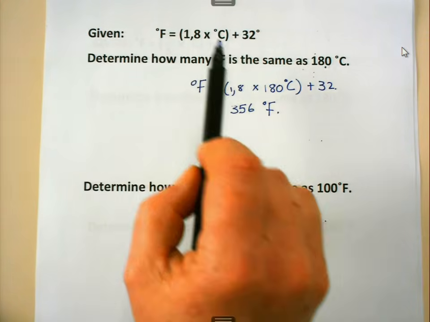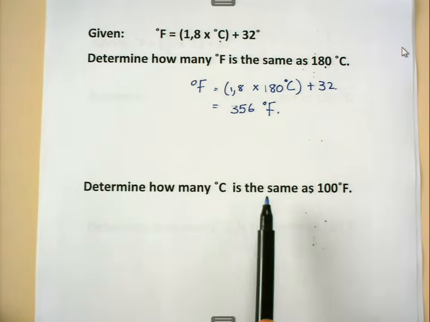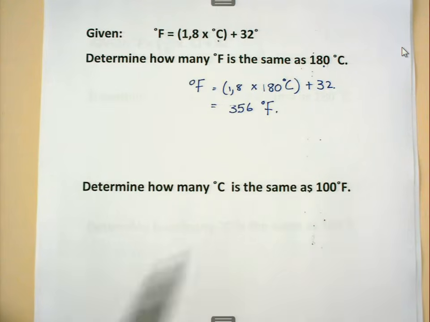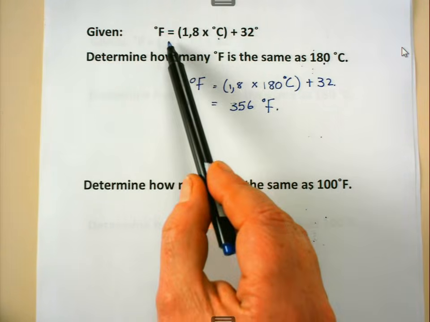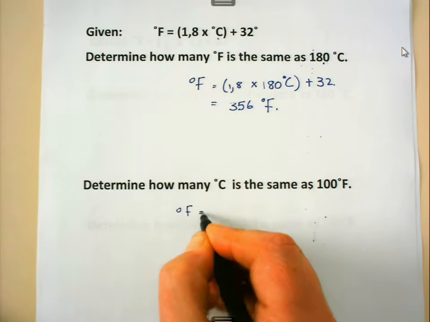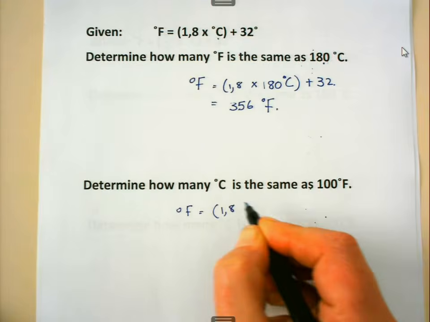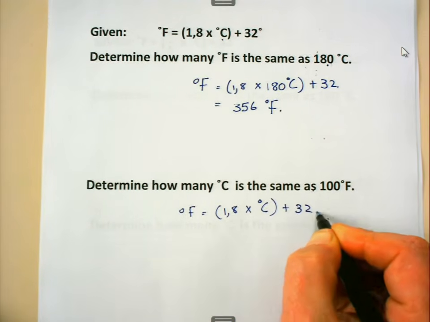But it's also very easy to just manipulate this formula and then get exactly the same formula, or do exactly the same as is prescribed in the formula. Alternatively, you can memorize the formulas if you want to. Say, for instance, it's given that in this formula degrees Fahrenheit is 1,8 times degrees Celsius plus 32.